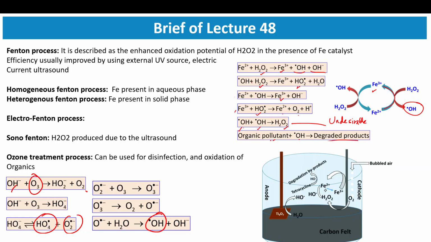Again, this hydroxyl radical reacts with H2O2 to form Fe3+ and another radical, and at the end this Fe3+ converts into Fe2+, right? So basically it's a cyclic process where you are utilizing 2 moles of peroxide to generate radicals, which in turn degrade the products, right?